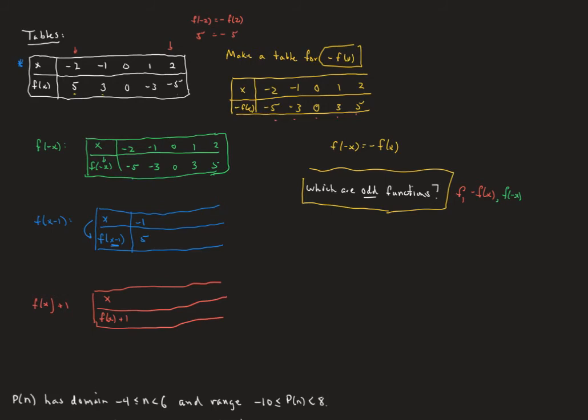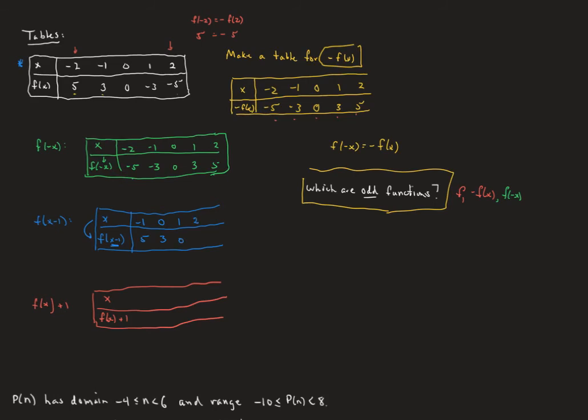Now if we plug in 0, then we evaluate f of 0 minus 1, which is f of -1, and f of -1 is 3. When we plug in +1, what we evaluate is f of 0, which is 0.